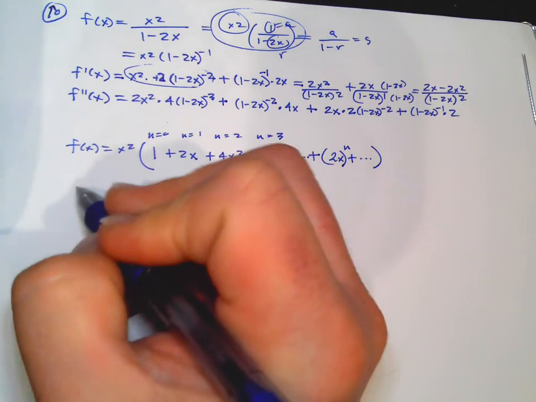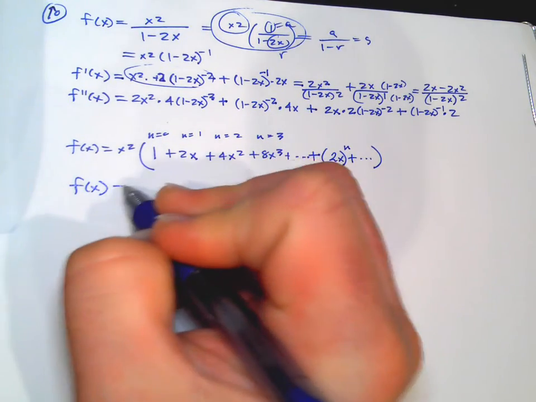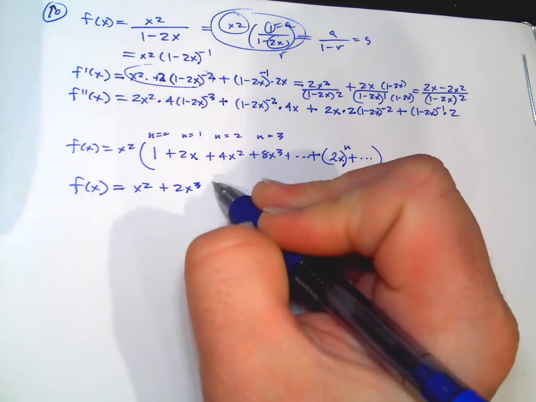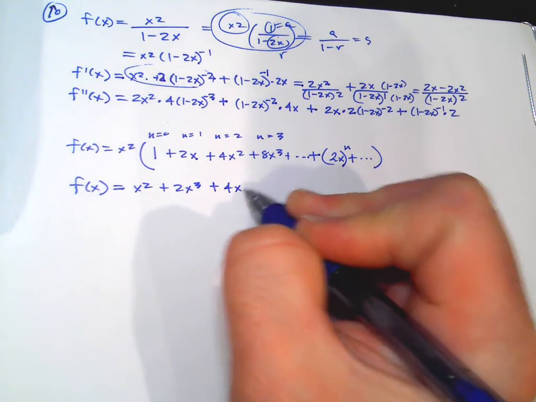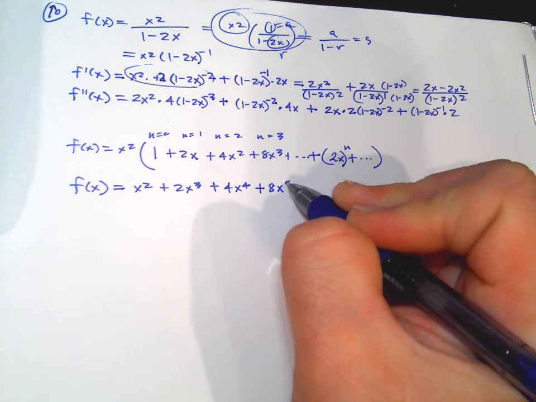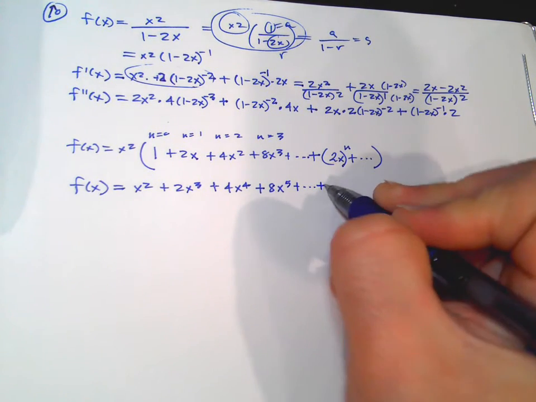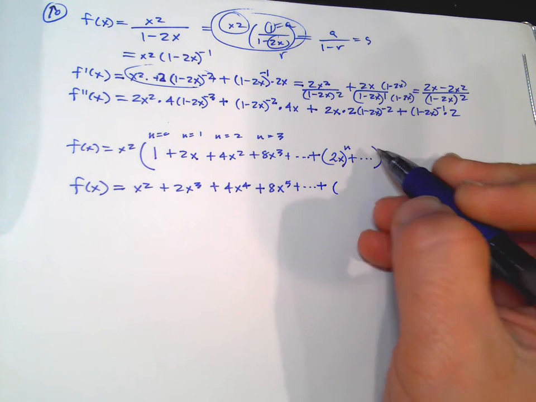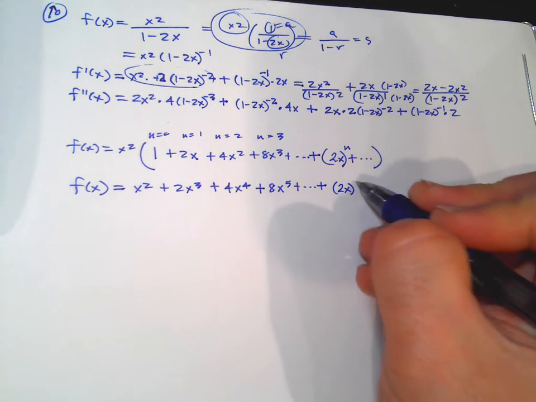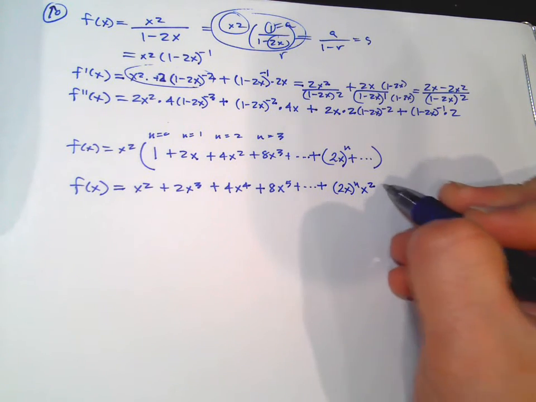So if we distribute the x squared into it, we get x squared plus 2x cubed plus 4x to the fourth plus 8x to the fifth plus dot dot dot, and you have this 2x to the n, and then you have an x squared.